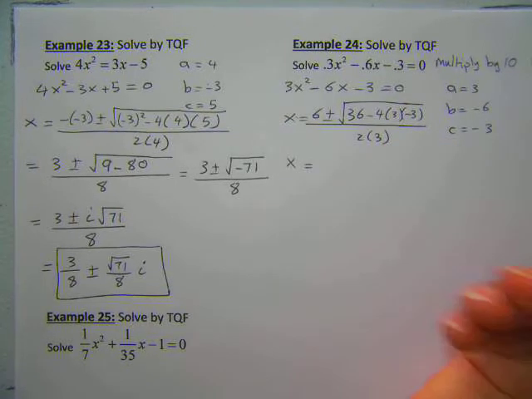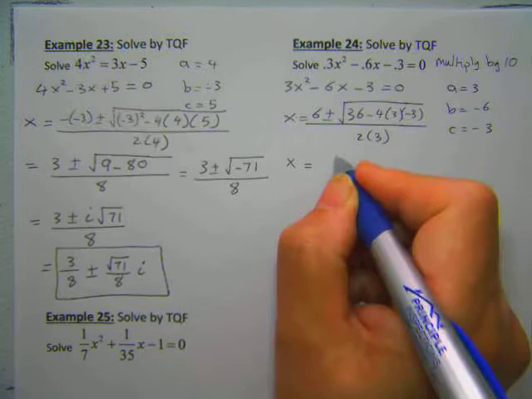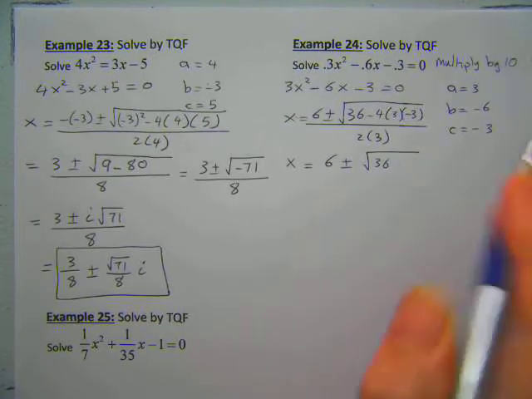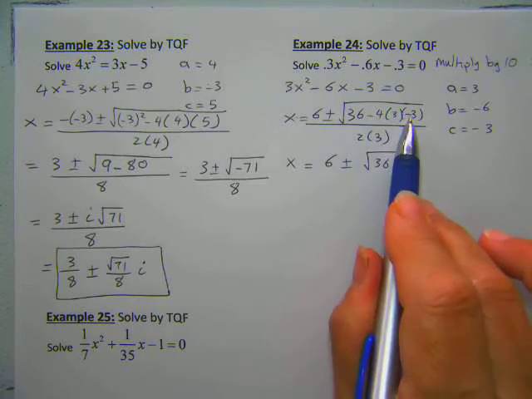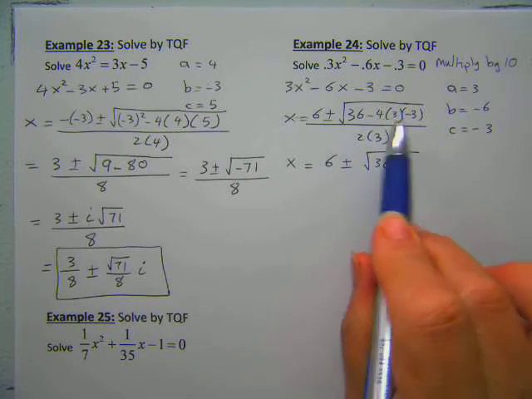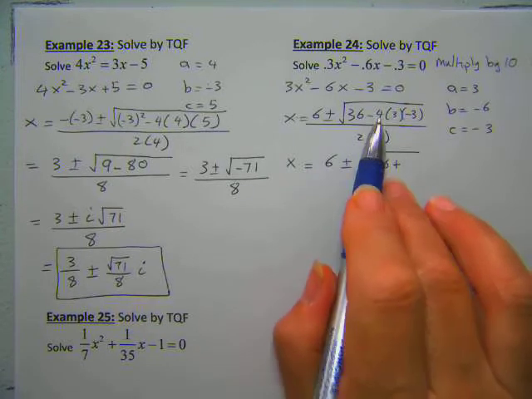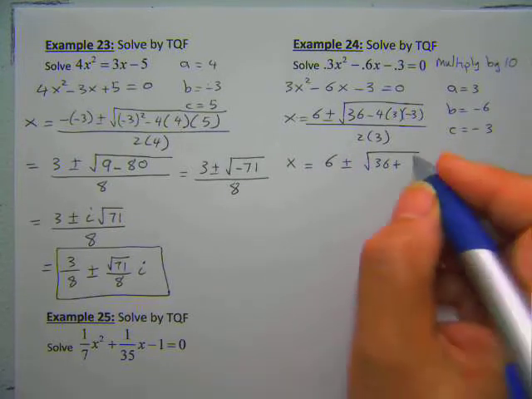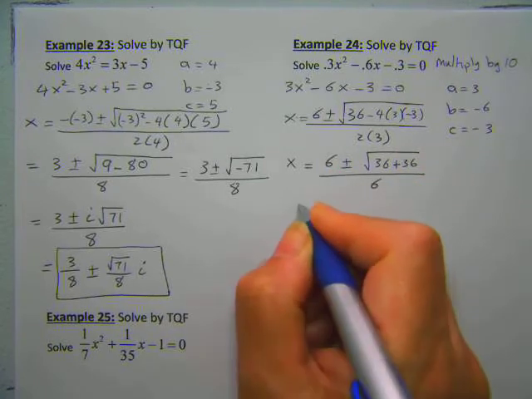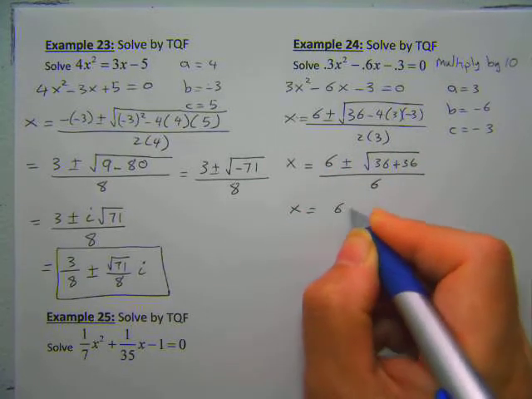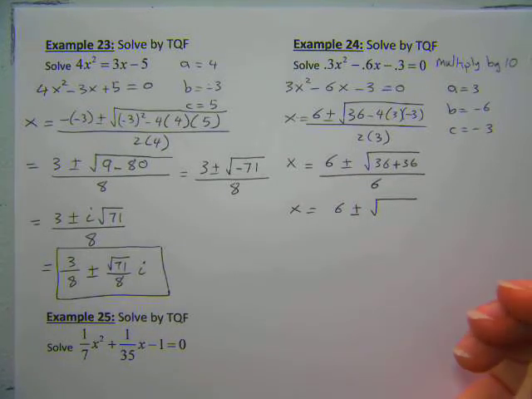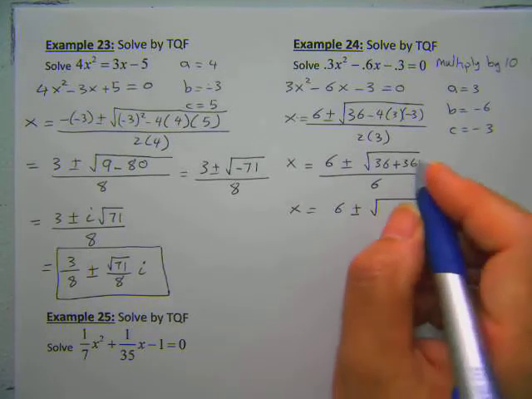So x is equal to 6 plus or minus the square root of 36. Now I have a negative and a negative, so that's going to be positive. 4 times 9 is 36, or 12 times 3, either way. So x is equal to 6 plus or minus the square root of. Okay, if you want to add, that's fine.